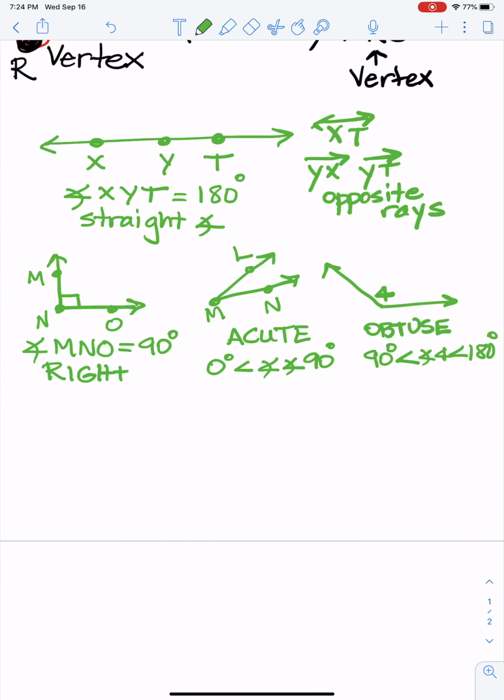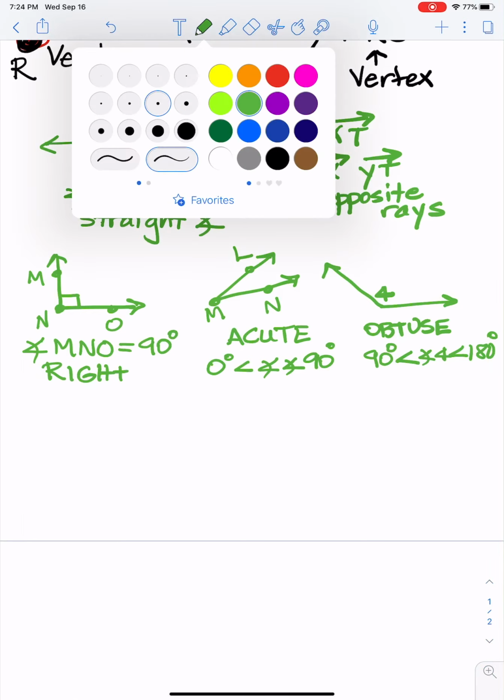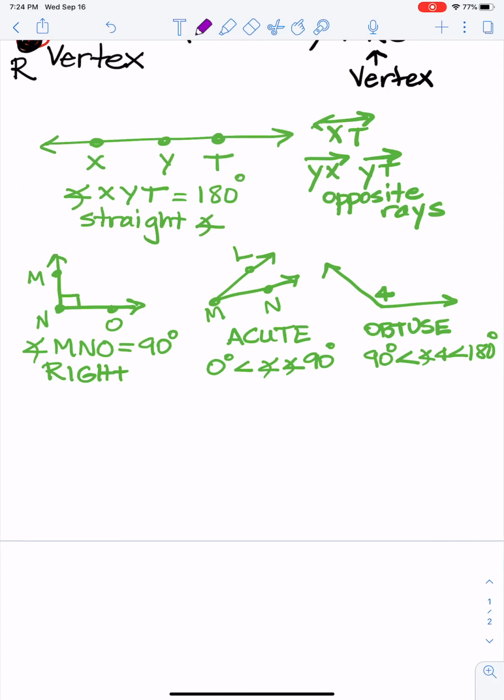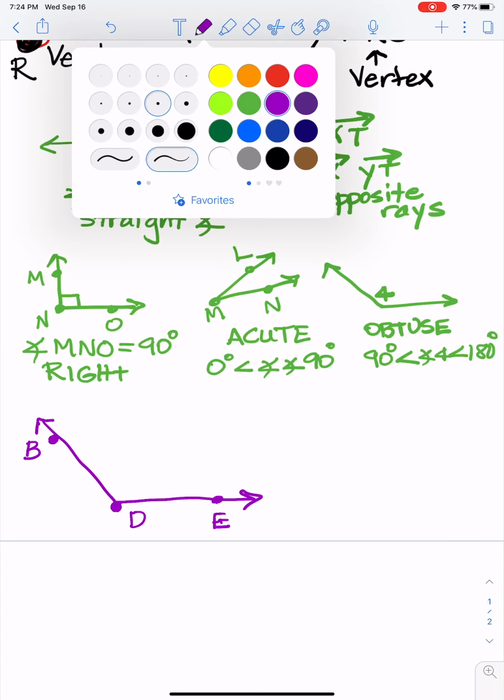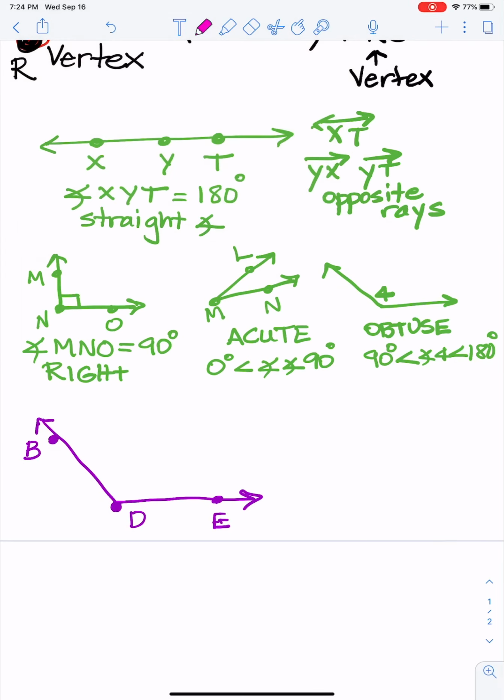Now, it's very common to see algebra values used in terms of angles. And angles also many times are related to something called bisectors. So I'm going to draw a larger angle here. I'll make this one BDE. And into this angle, I'm going to intentionally place a bisecting ray.